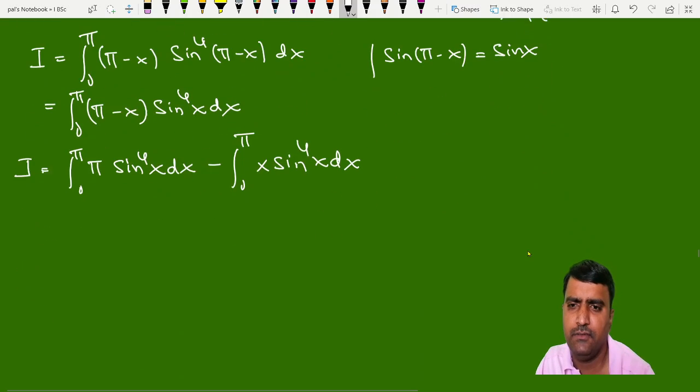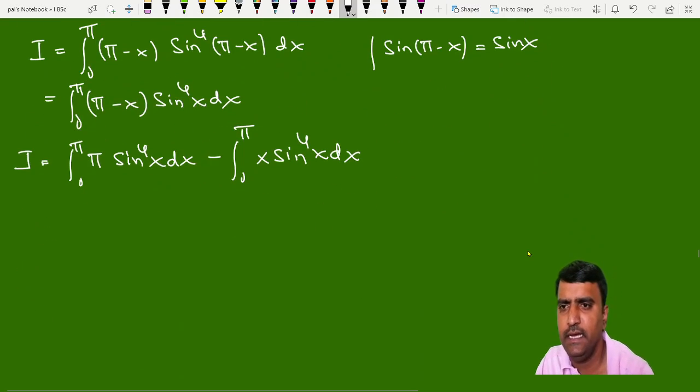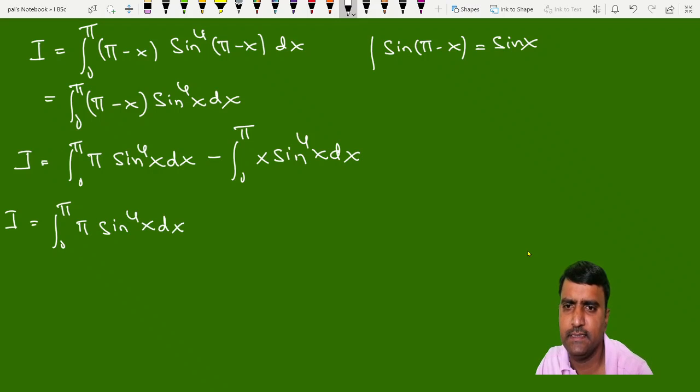Now simplifying this, I is equal to integration from 0 to pi of pi into sine to the power 4x dx.